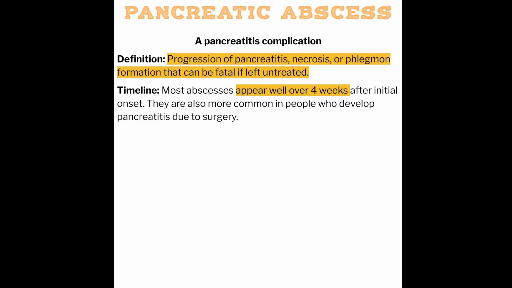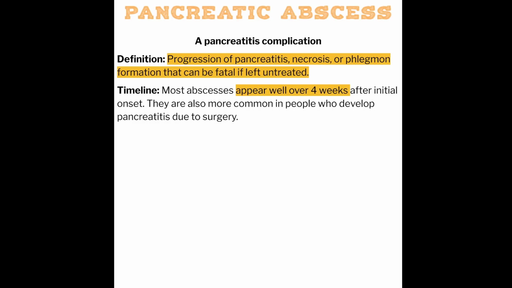We've had an opportunity for it to become necrotic, and at that point it's either going to become a pseudocyst or it's going to become a phlegmon or abscess. People who develop abscess are more likely going to be those who developed pancreatitis due to surgery. So they have some sort of bacteria that got into the body that caused the pancreatitis that will progress into an abscess.